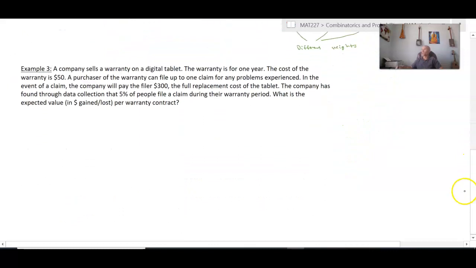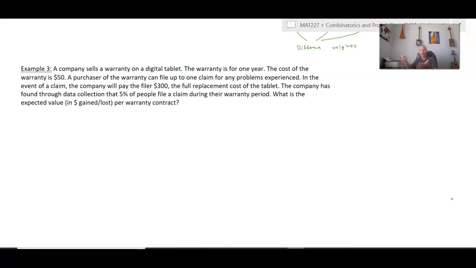So where do we actually see this kind of thing? Well, let's look at one really important instance in what we call actuarial mathematics: determining the expected value on a warranty contract. A warranty contract is just an agreement between a company and a purchaser that says, hey, if you pay us this amount, then we'll insure your product for you.